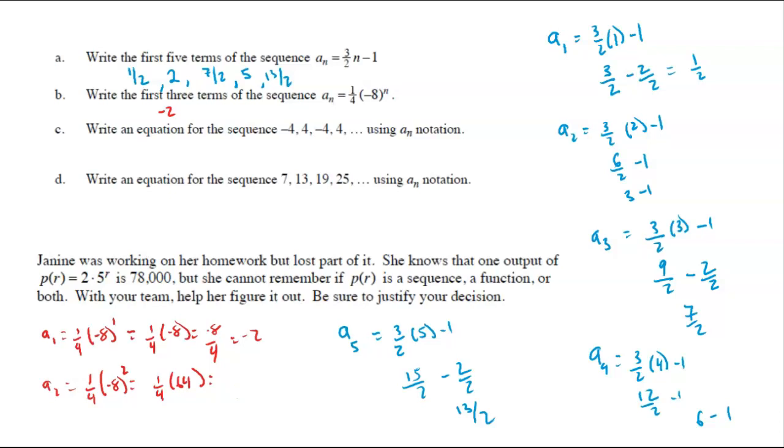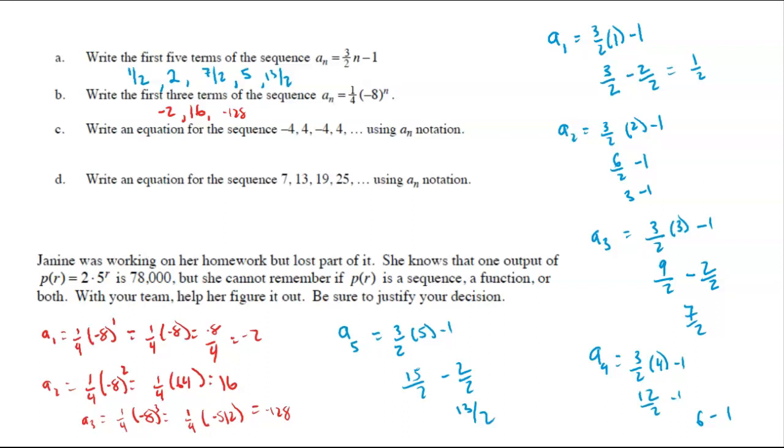That number should be 16. Sorry. So I'm going to put 16 right there. And then A of 3. So this will be -8 to the 3rd power. So basically we're going to multiply 64 by -8. So I'll have 1/4 times -512. So then I'm going to get -128 as my answer.